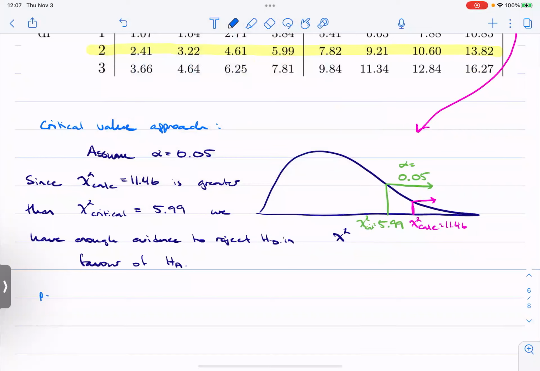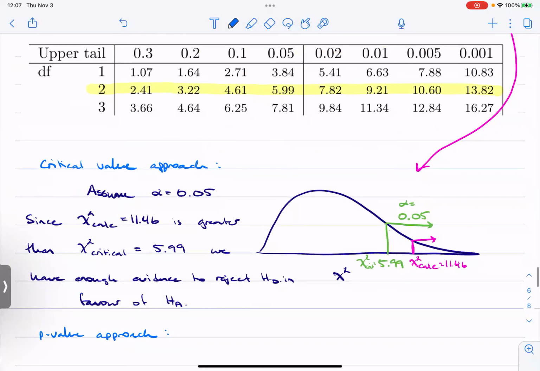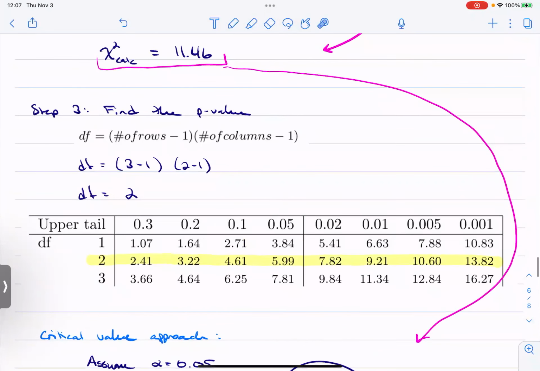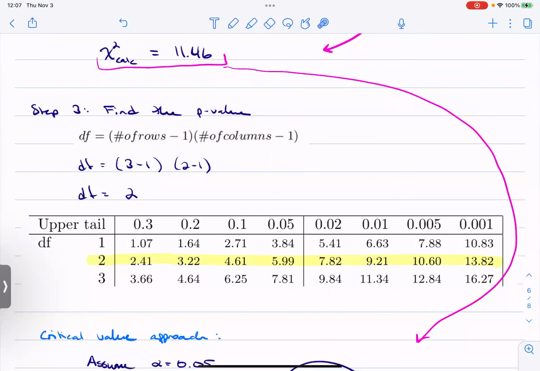I want to use the p-value approach as well. So the p-value approach, very similar, but now we're going to take this 11.46 and place it. Where would it fall on this number line?